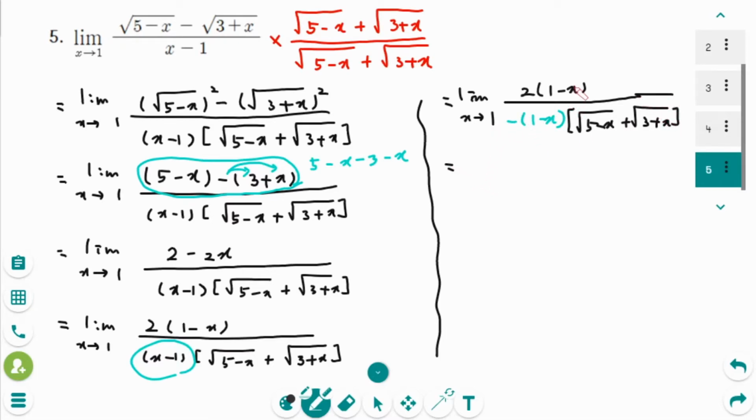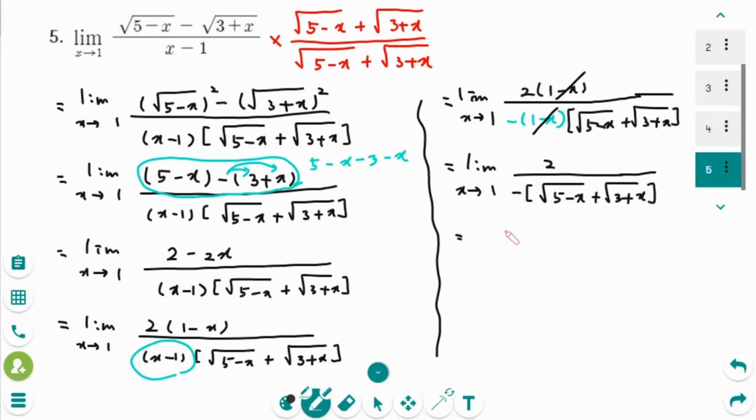Then cancel the common factor, which is 1 minus x. So limit as x approaches 1, 2 over minus square root of 5 minus x plus square root of 3 plus x.